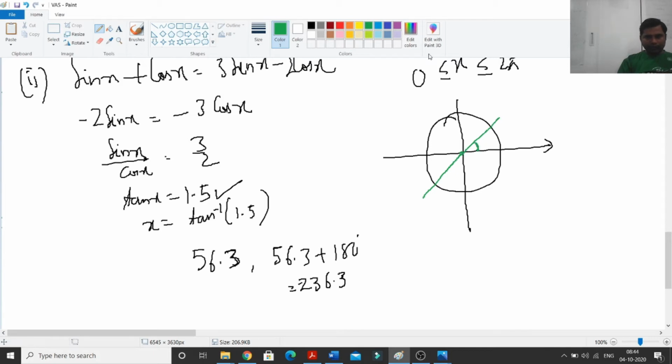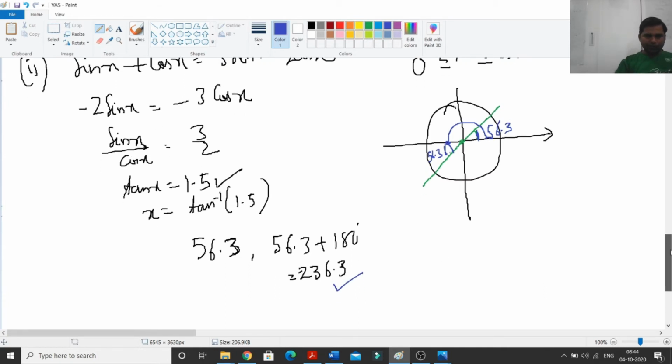So one answer is this in the first quadrant, and the other answer is this. The first answer we can easily find out using the calculator. So this is 56.3. So this has to be 56.3 as well. So the total till here is 180. 180 plus 56.3 will give you 236.3. So this is the other way to find out the solution.